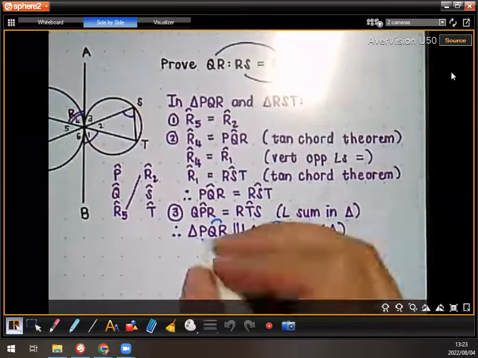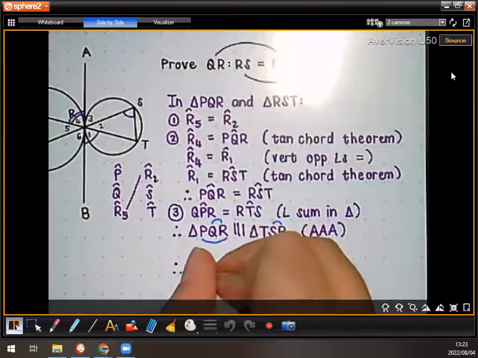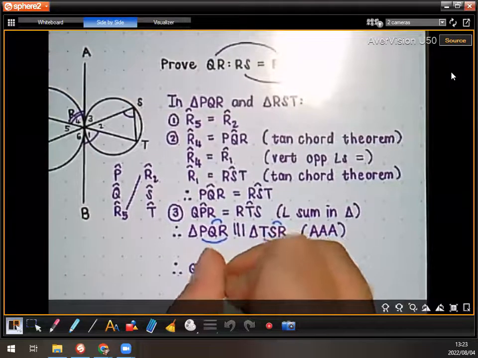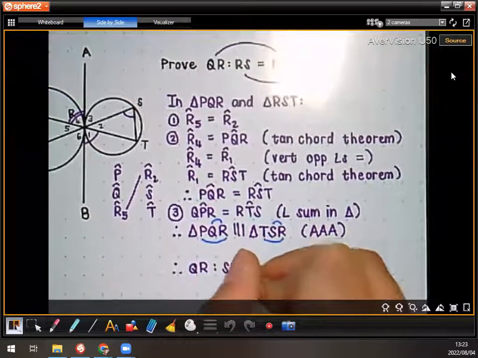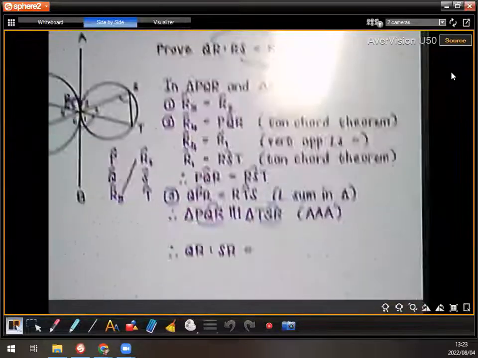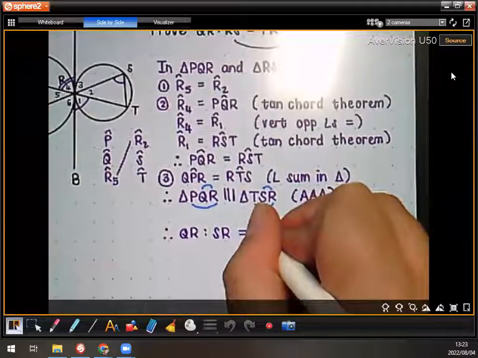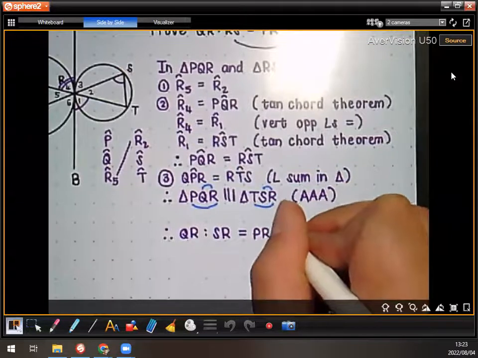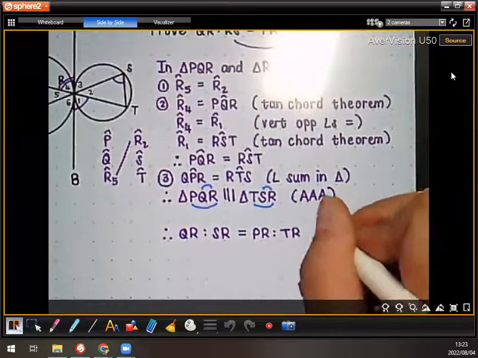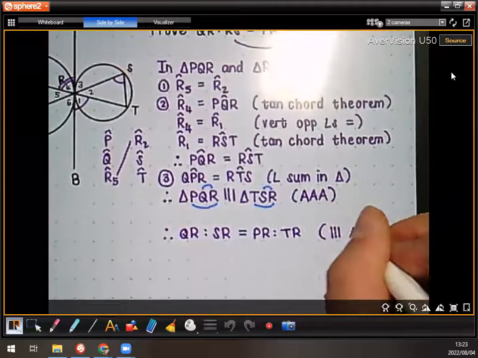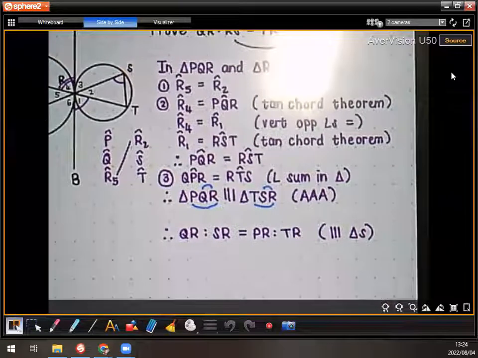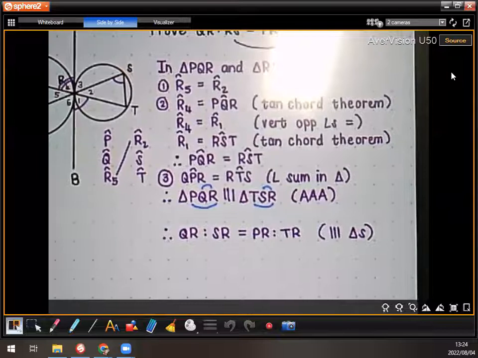So we can say straight away, therefore, QR to SR or RS if you want is equal to PR to TR or RT and then similar triangles. You can write it as two fractions at first if you want, but since they ask in ratio terms, you have to finish it by writing that.